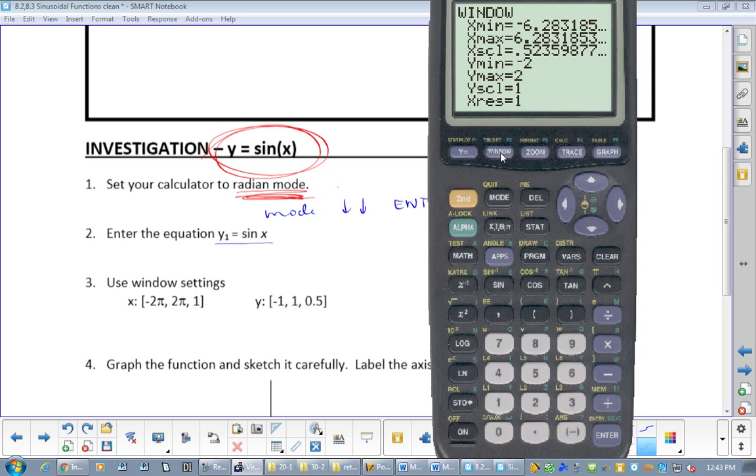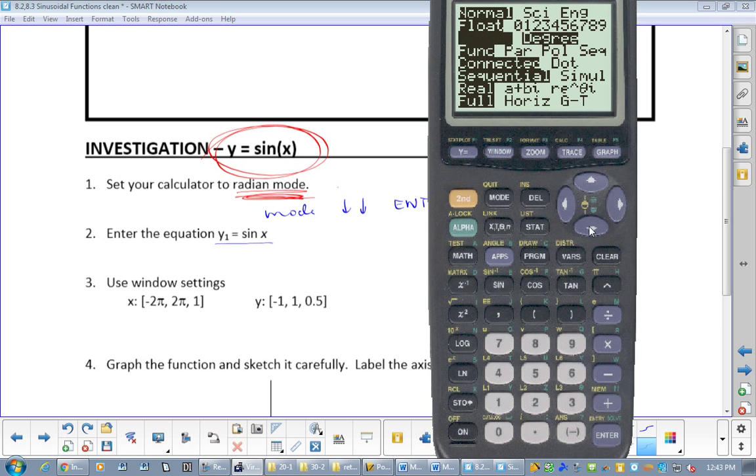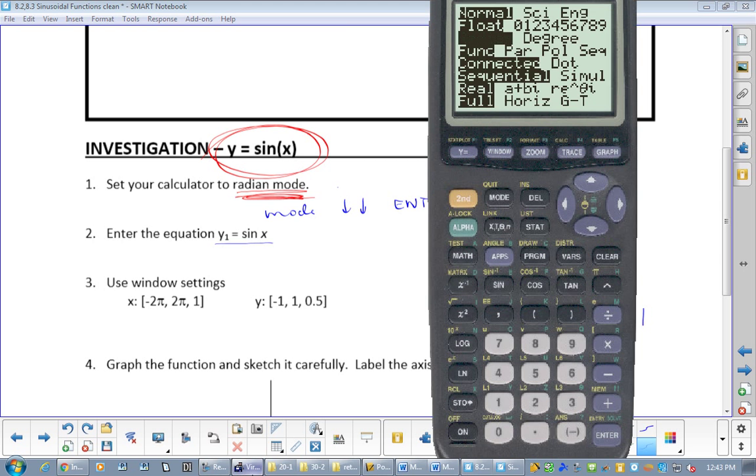I'm going to put everything in degrees: negative 360, 360, and 30. So because I'm in degree mode, I can put degrees in the calculator. I put degrees in my window settings. Did you see that? If I change this mode to radians, it usually looks like a heartbeat or something. Whoa, lost my whole calculator.